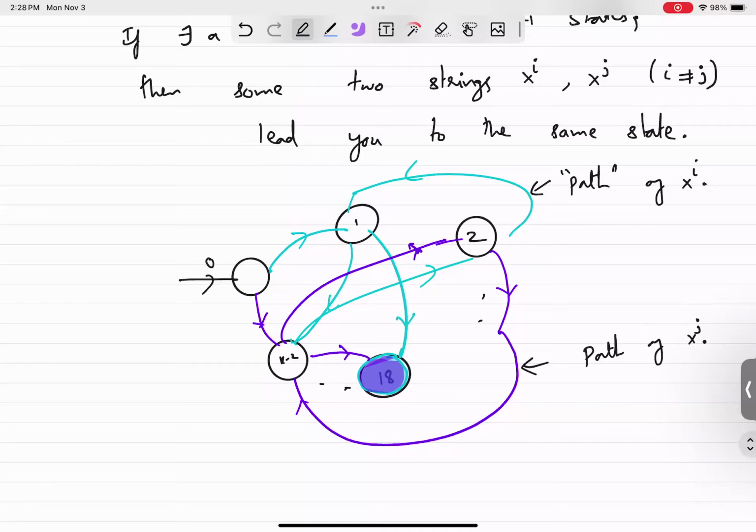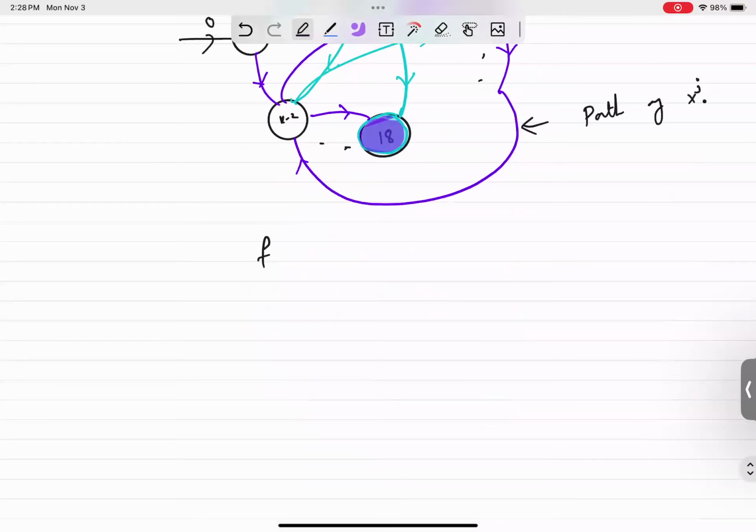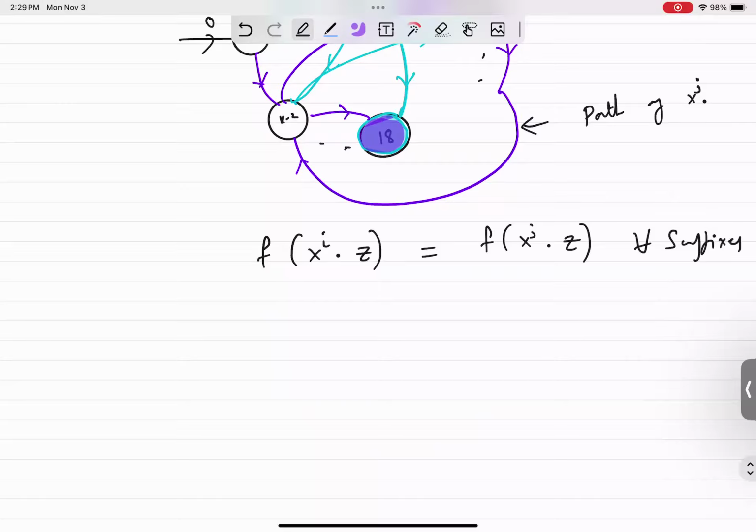Okay, but now this forces f of xi z equals f of xj z for all suffixes z. Because after I process xi and xj, I am in state number 18.